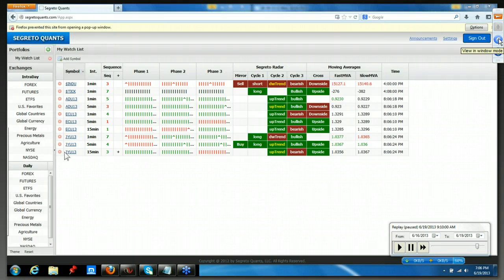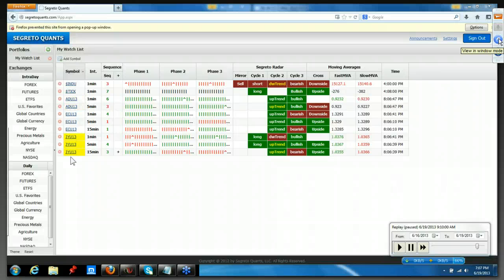You get the dollar tick for free. It comes with Segredo quants. I have the Aussie dollar in the 1 and 5 minute. I have the European in the 1, 5, and 15. And then I have the Japanese yen in the 1, 5, and 15.